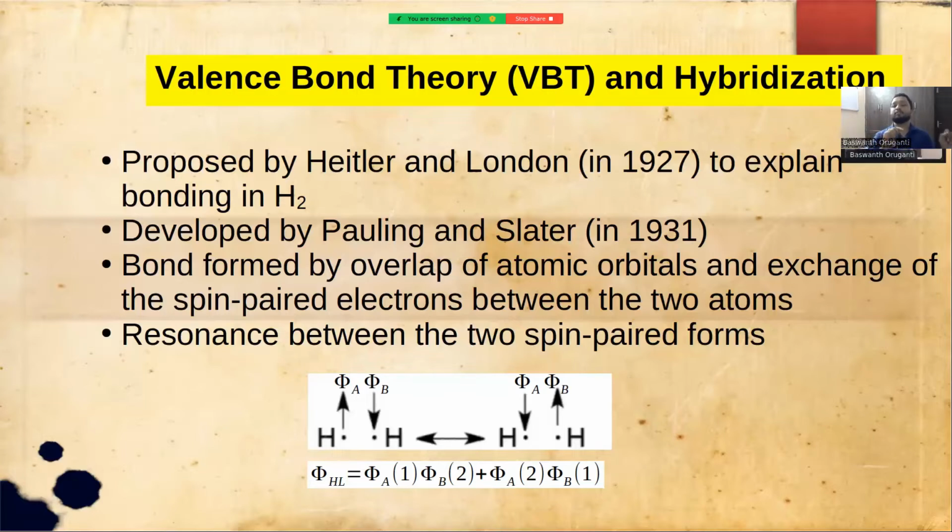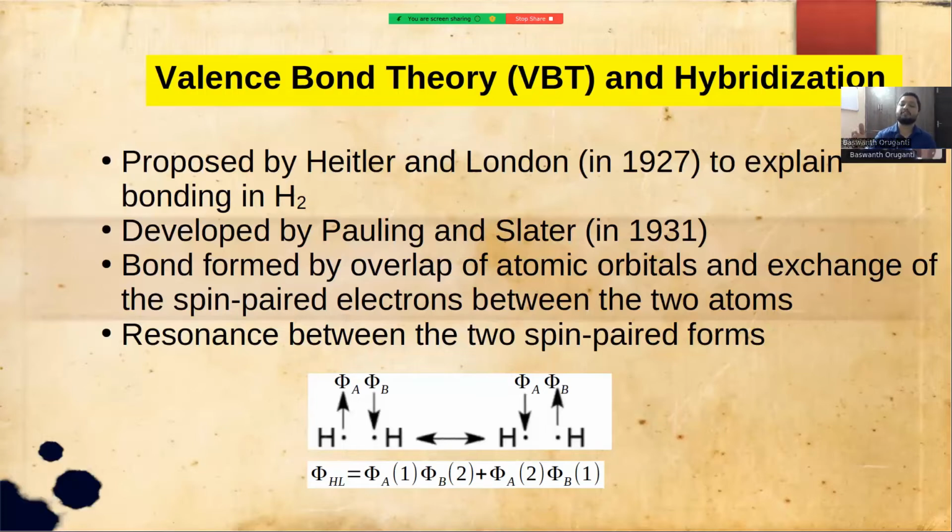The first form is phi A1, phi B2, and the second form is phi A2, phi B1. So in the first representation, the first electron is in phi A and the second electron is in phi B; in the second representation, the electrons change their positions.